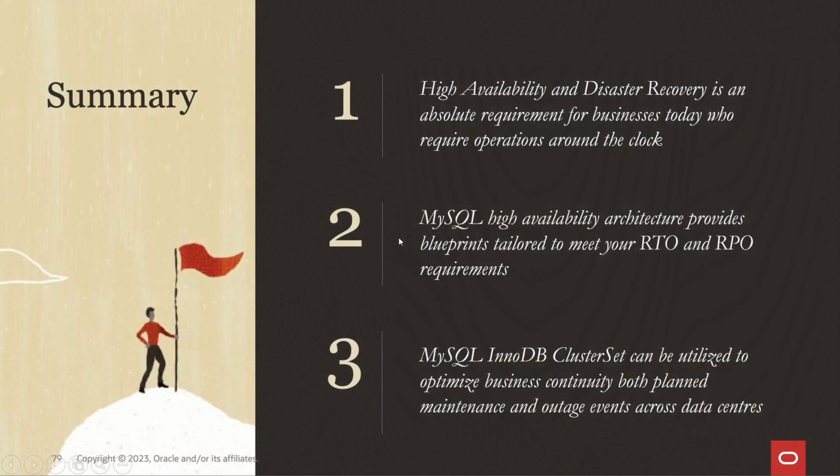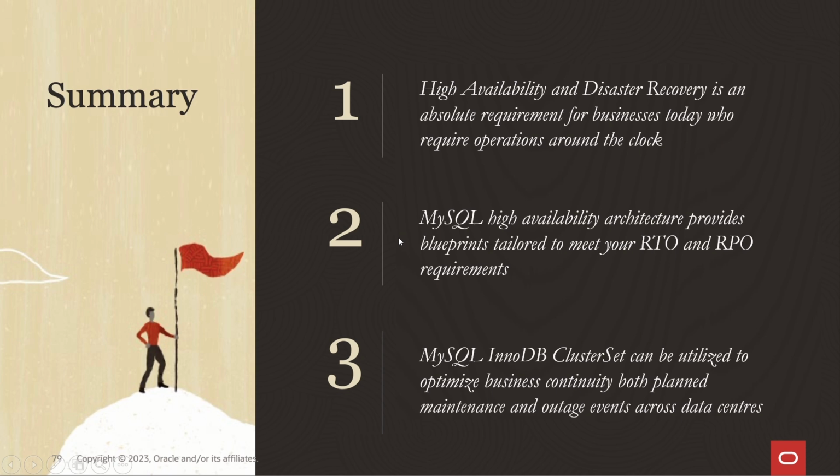So yes, this is a key takeaway. High availability and disaster recovery is an absolute requirement for business today. We require operation around the clock. And the MySQL high availability architecture provides a blueprint to meet our RTO and RPO requirements. MySQL InnoDB cluster set can be utilized to optimize business continuity.